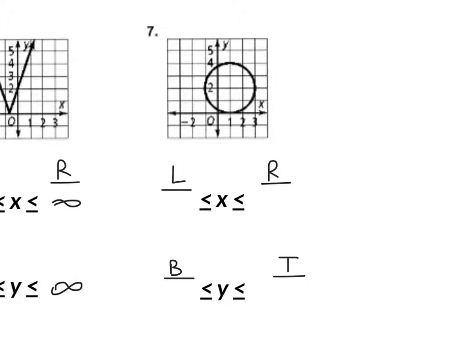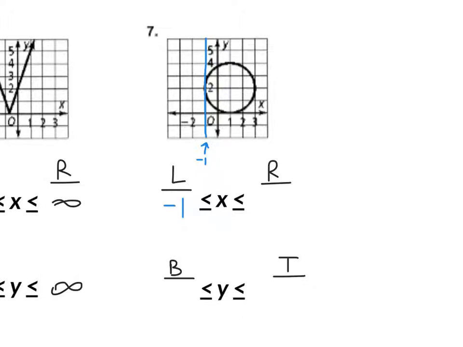Okay, so as I'm looking at this, and I'm going to draw this in blue, I'm going to figure out, okay, how far left does this circle go? I'm going to trace this. That's as far left as it goes. Well, what is that on the x-axis? This is right here, -1. So that's how far left that circle goes. That circle does not go farther left than -1.